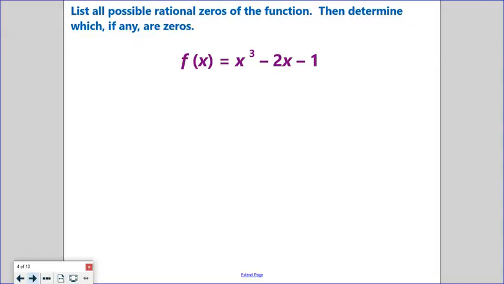Same directions. List the possible, find the zeros. I'll give you a second to work ahead of me on this one.